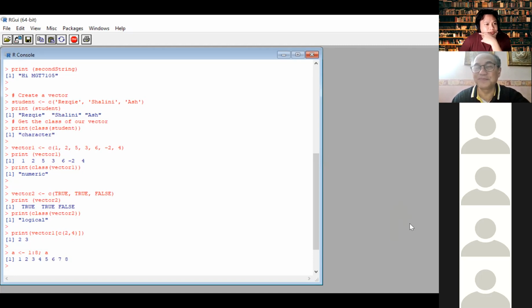Shiny is a package to develop web interfaces, not particularly dashboards, but people use it to develop dashboards because it has a web interface.